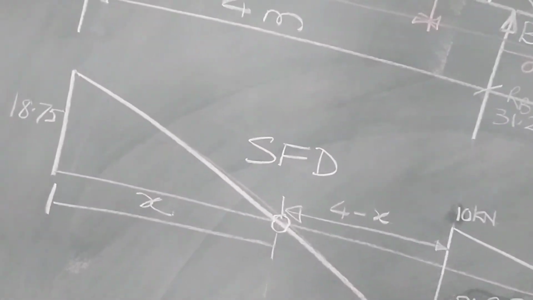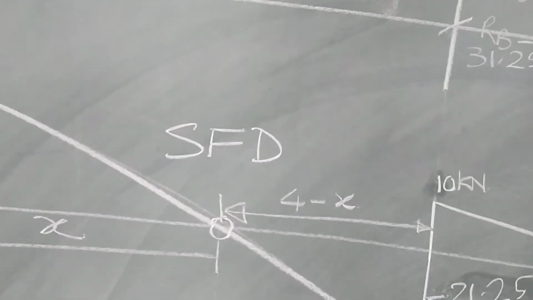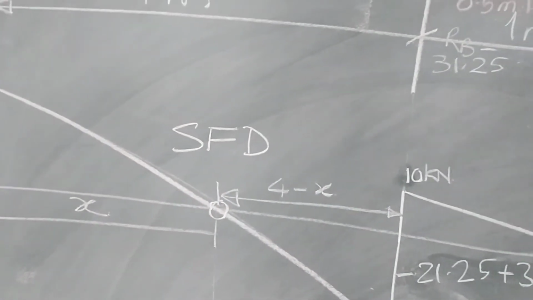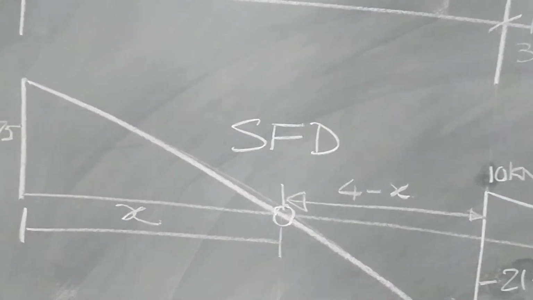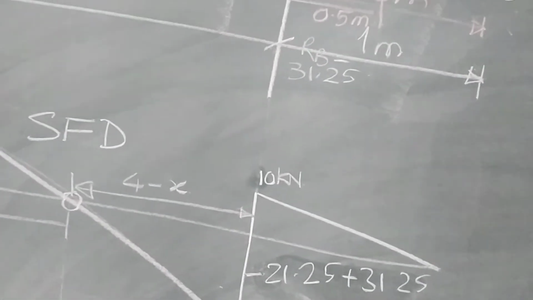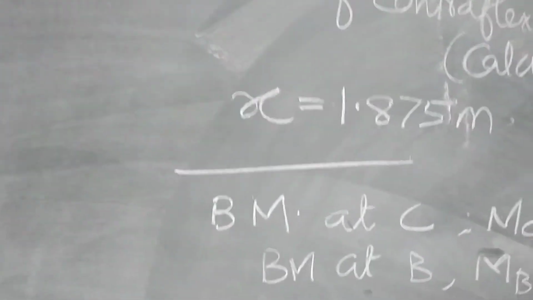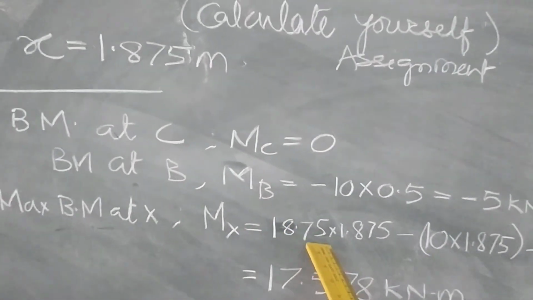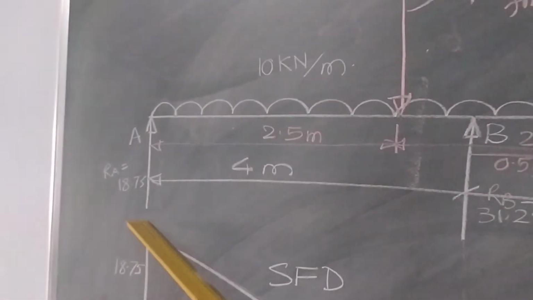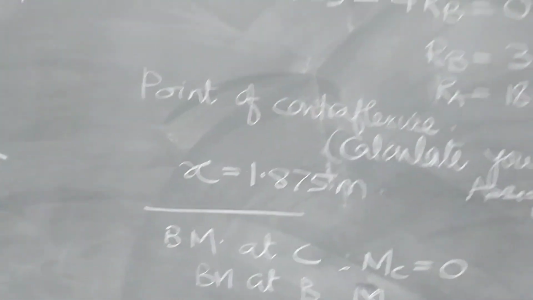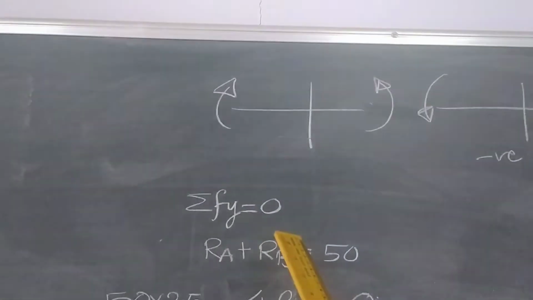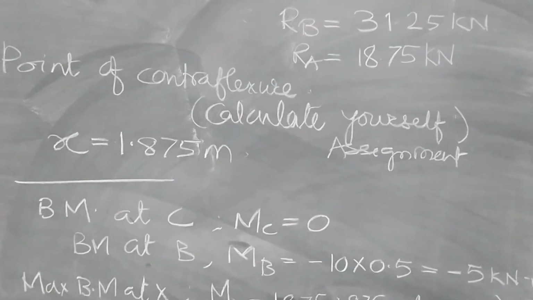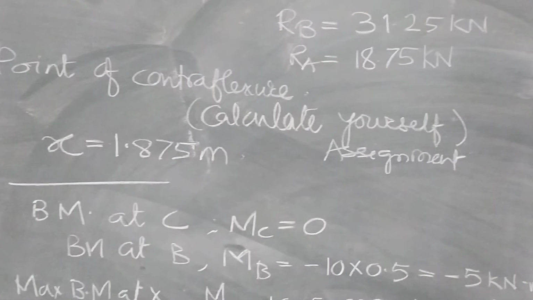Now, the last point, maximum bending moment at the point of contraflexure, that is 1.875 from point A. Now the maximum bending moment at X, Mx, is equal to 18.75. I am taking moment from the left side. So, moment from the left side, this is the sign convention, clockwise moment positive, 18.75 into 1.875.